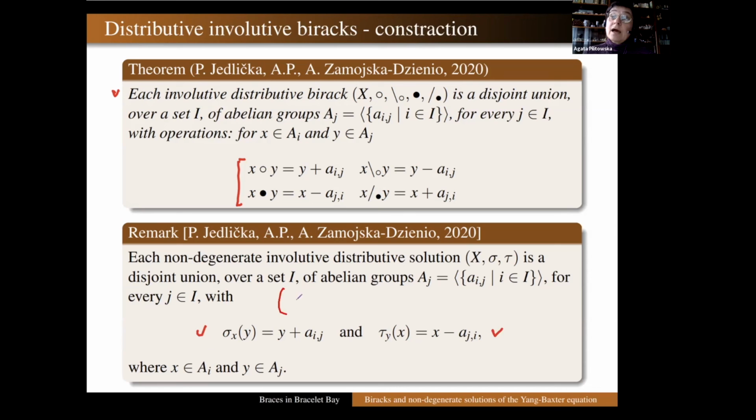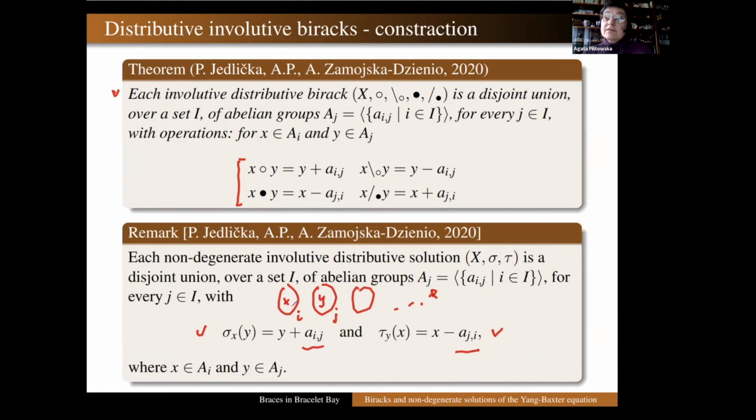This means that if we have this disjoint union of an arbitrary number of groups, this is true also for infinite solutions, and we take components i and j, and we take element x from the component i and the element y from component j, so to each pair of numbers n and i, we have generators of these abelian groups, and these operations sigma and tau are defined by these generators.